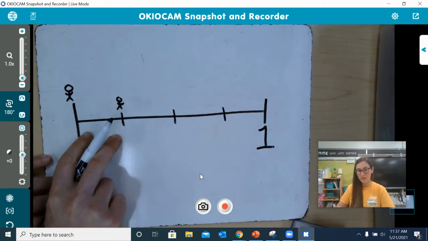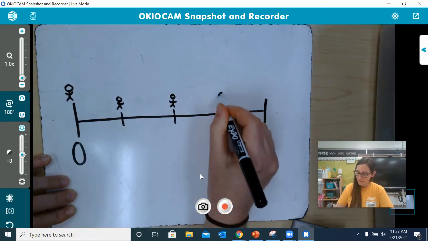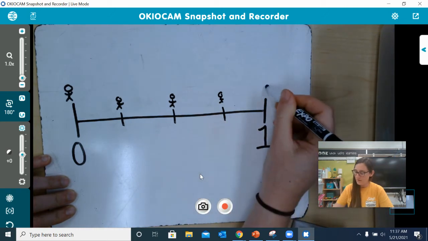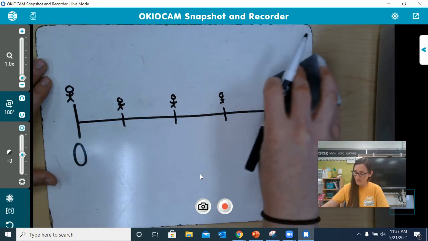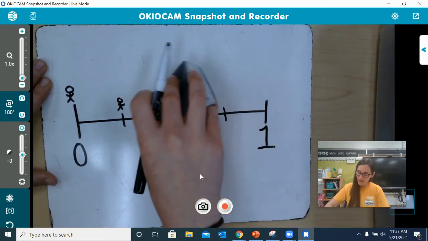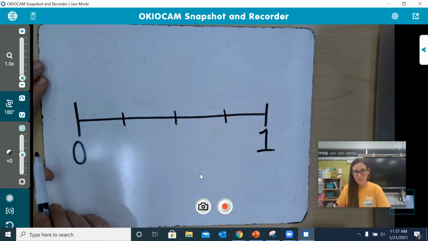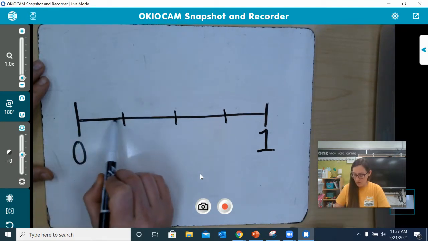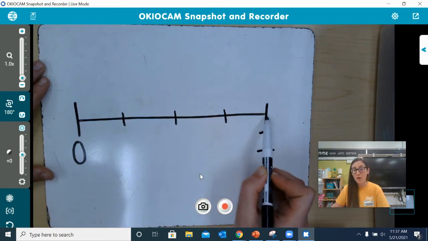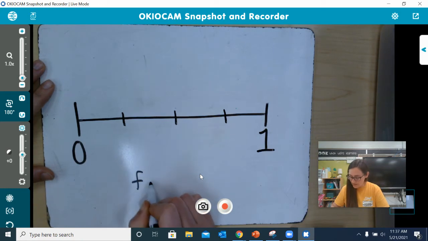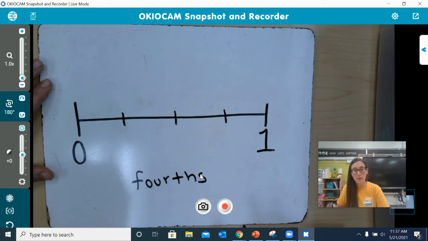Then you run to this point, another part, and then here is where you would finish. So how many parts did I just split this up into? Let's see if you're right. We had 1 part, 2 parts, 3 parts, 4 parts. So I just split this up into fourths because it has 4 equal parts.